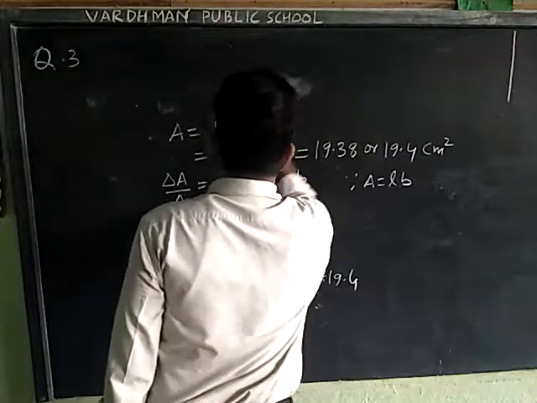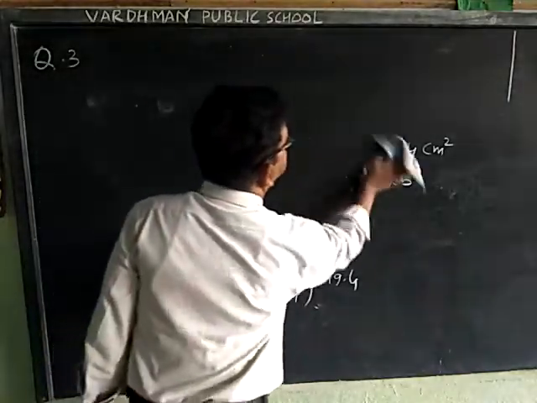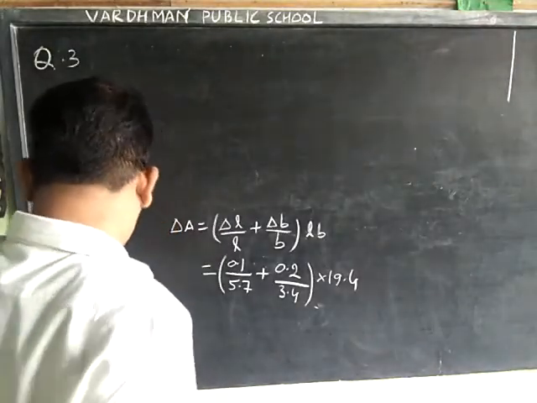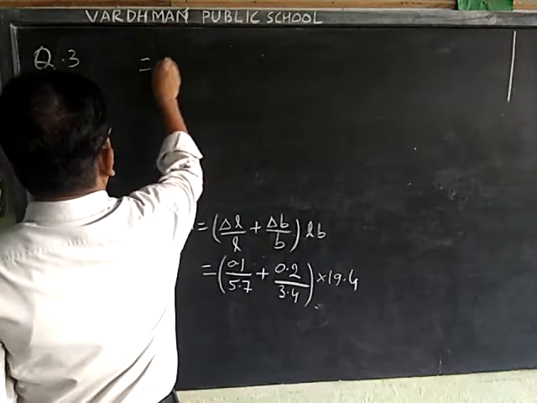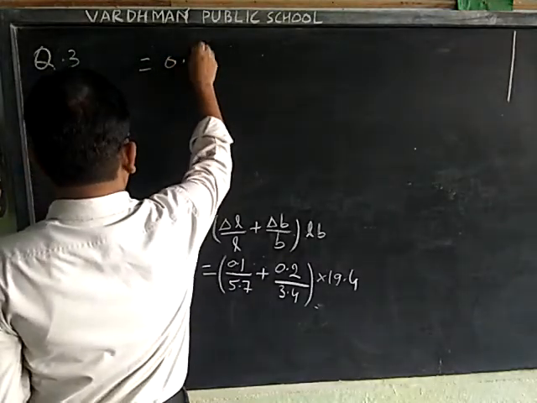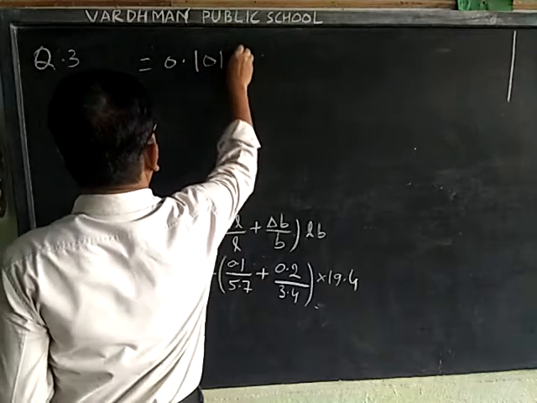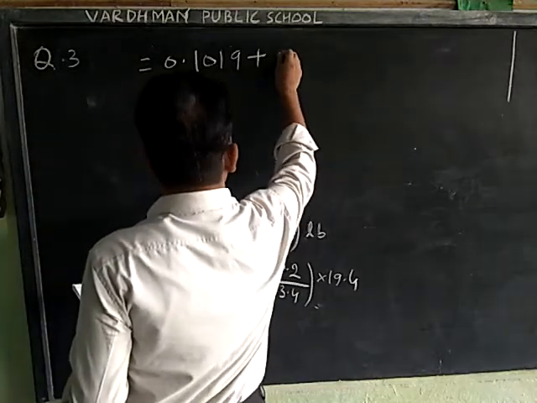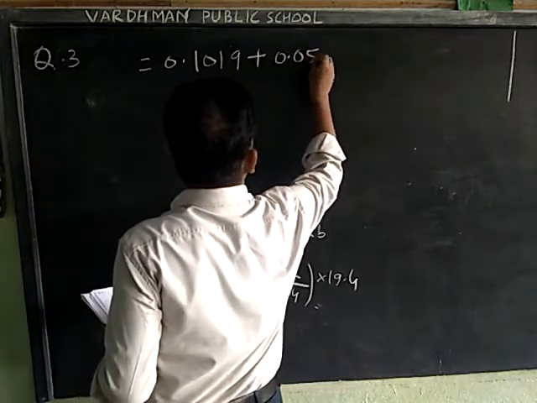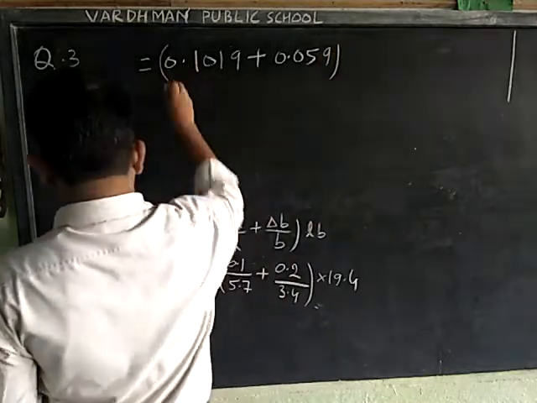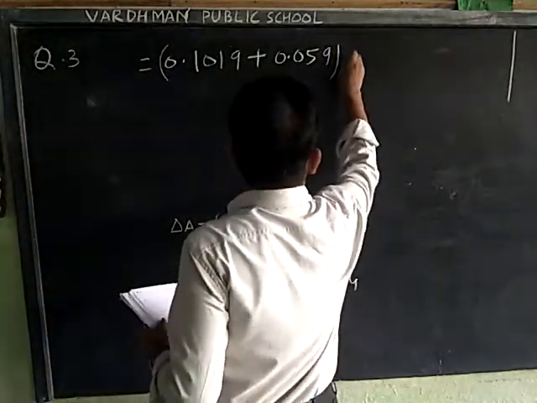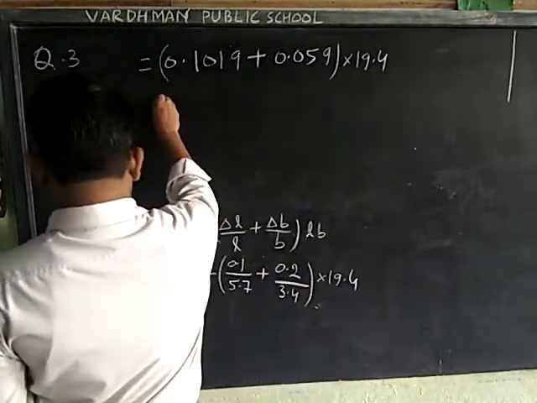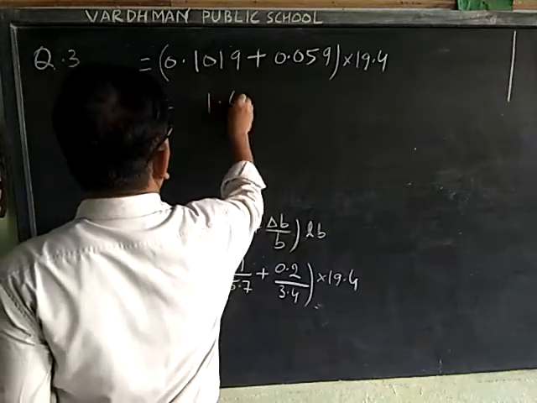When we solve it, we get 0.1019 plus 0.059 into 19.4. This becomes 1.447.